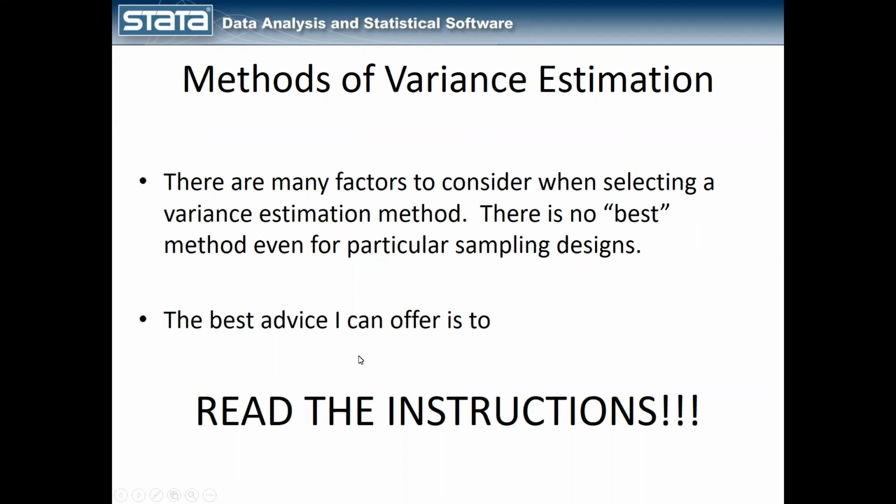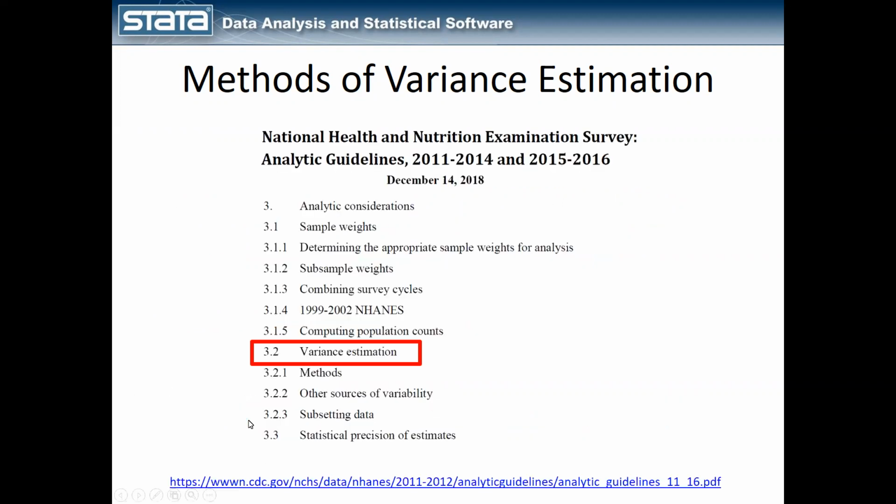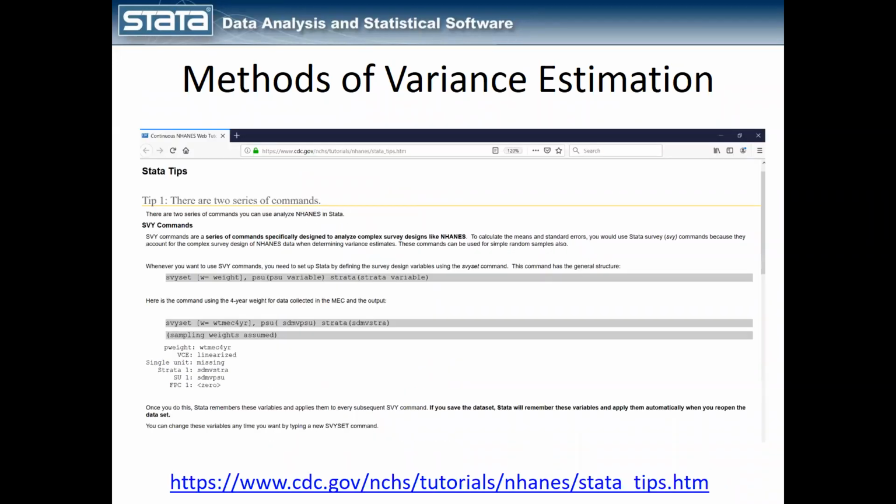And so the best advice I can offer you for selecting a variance estimation technique is read the manual. Whoever designs these things has put a lot of thought and care into how they've designed the study and collected the sample. And they will tell you what variance estimation technique to use. So be sure to read the instructions. There's actually a chapter in the manual on NHANES about how to do the variance estimation technique. And there are different ones for different scenarios, and they explain it in the manual.